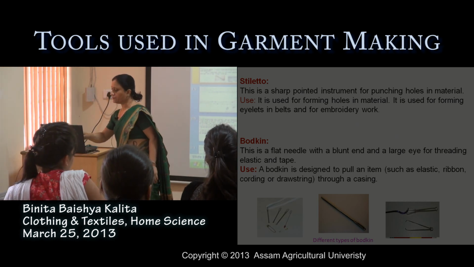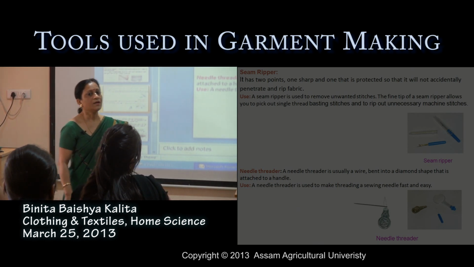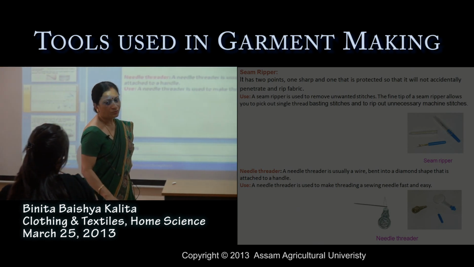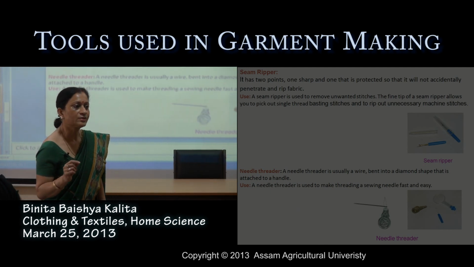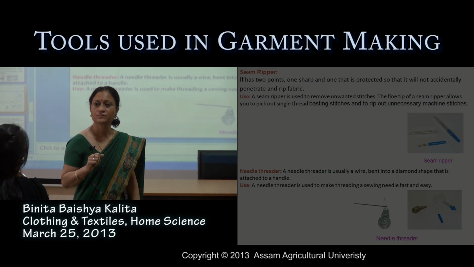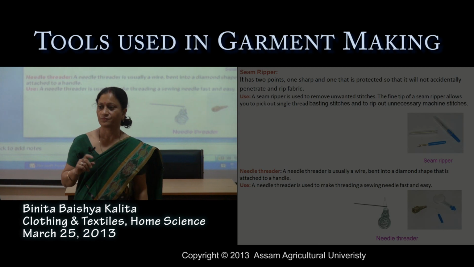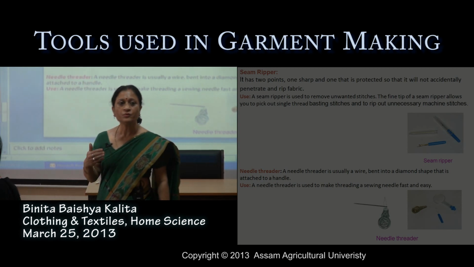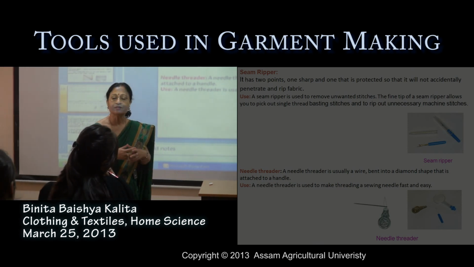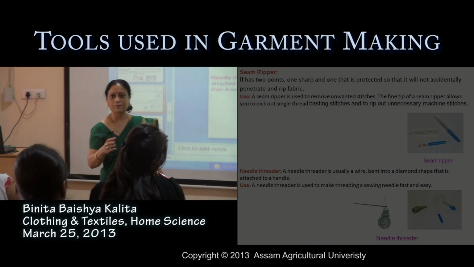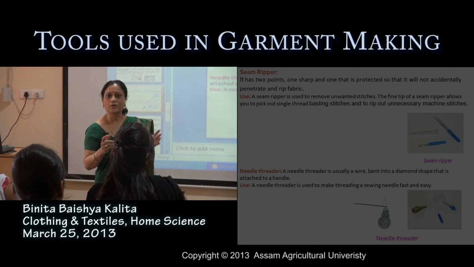Then next one is seam ripper. I think all of you are familiar with the seam ripper. So, what is the use of a seam ripper? To remove unwanted stitches from the garment. Sometimes after stitching, you feel that your garment is too tight, so you have to open the seam.